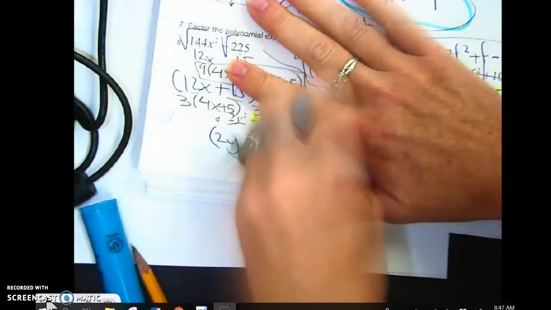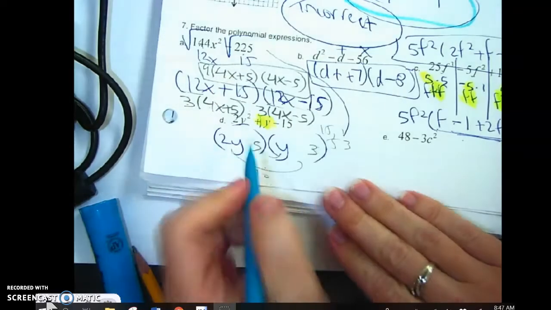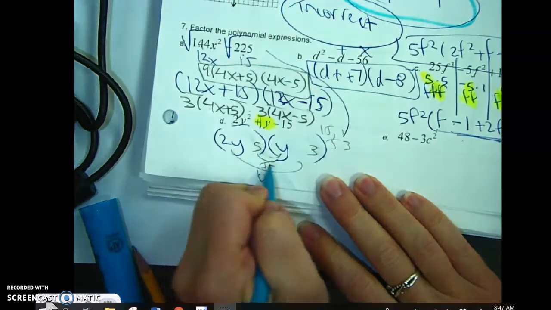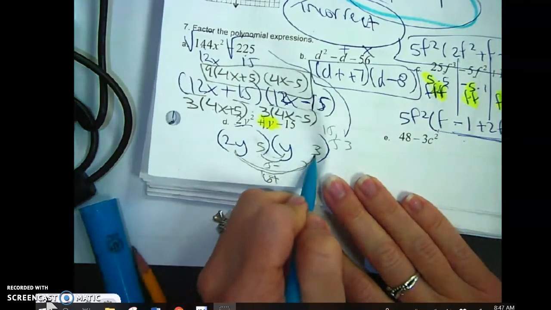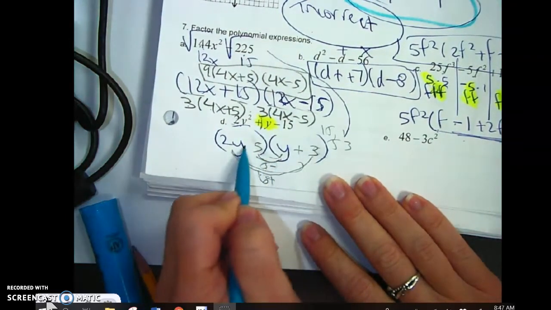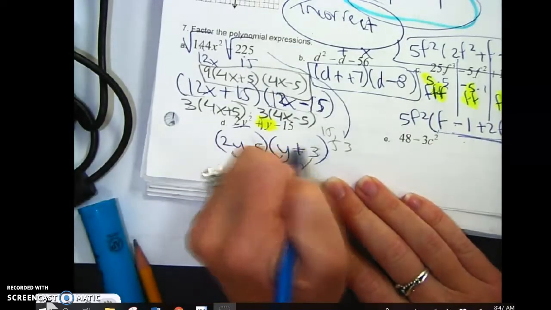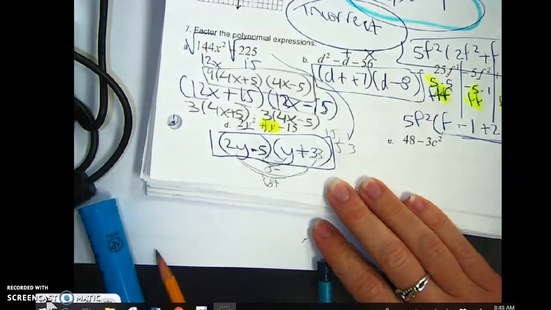So I'll switch them. I'll put the 5 here and the 3 there. So that's 5 and 6. Ooh, I can get a 1 if that's negative and that's positive. So this one's positive, this one's negative. So my final answer is 2y minus 5, y plus 3.